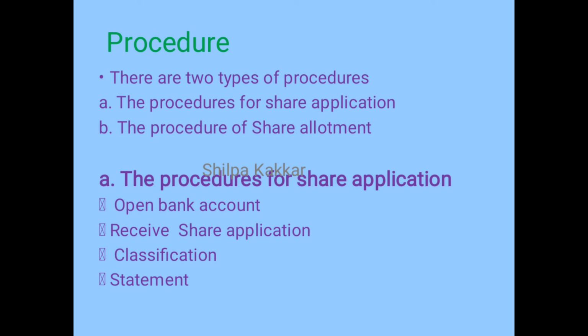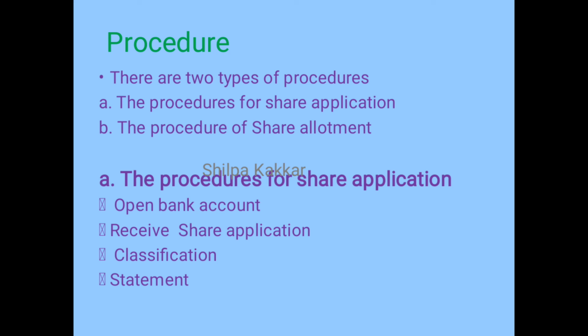And if the shares are issued at premium, it will be transferred to the company's account only after completion of the process of share allotment. This account is closed after the completion of the process of share allotment. So this is very important, that a company opens the bank account, and after the completion of the process, the company has to close the account.